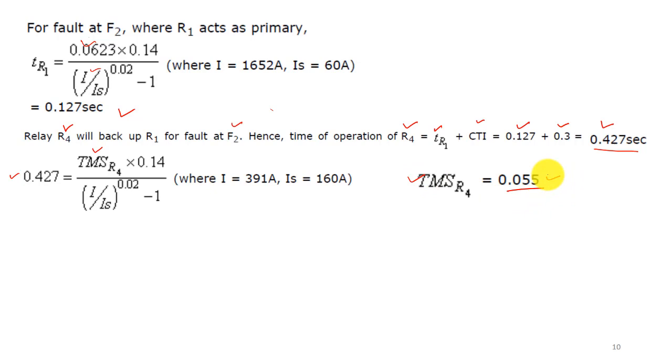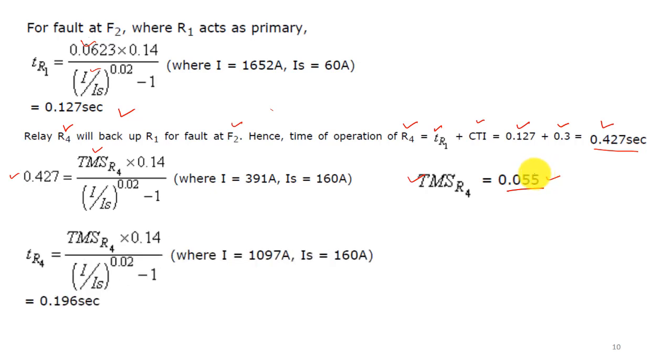Now using this TMS value, we can find the time of operation of relay R4 when it is acting as a primary relay for a particular fault. That fault is F3. For F3, relay R4 will act as a primary relay, and using this equation we can find the time of operation of relay R4 when it is acting as a primary relay to the fault F3.